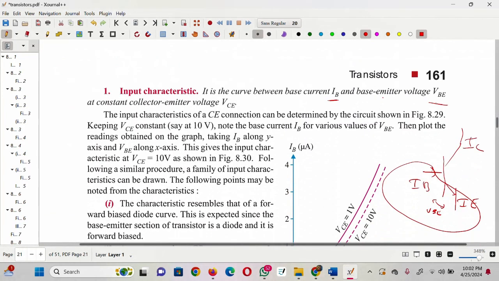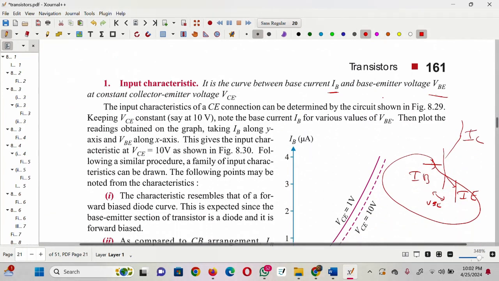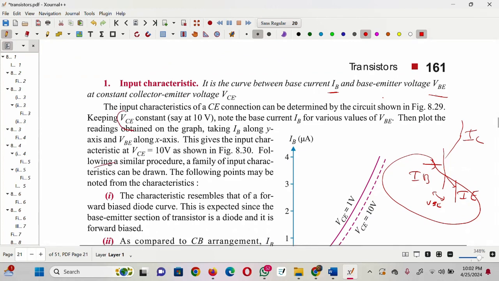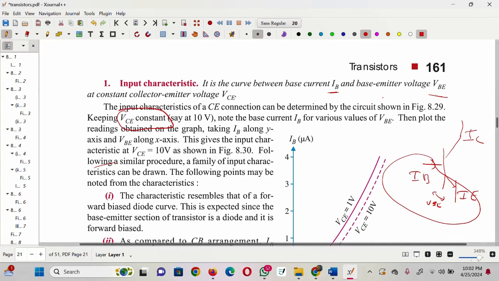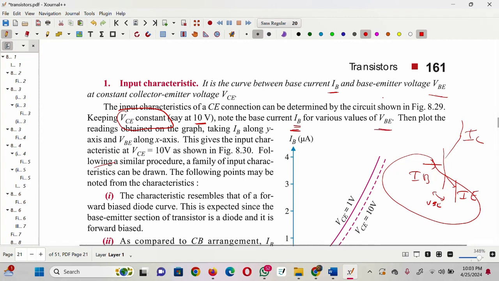See here, the input characteristics of the common emitter connection are determined in the circuit shown in the figure, keeping VCE constant, for example at 10 volts, and the base current varies with VBE. So VBE varies and IB also increases while VCE is constant, and we plot it.